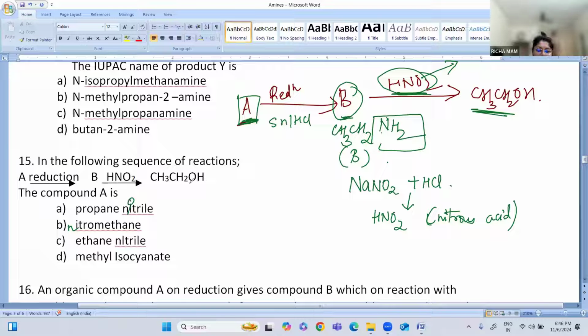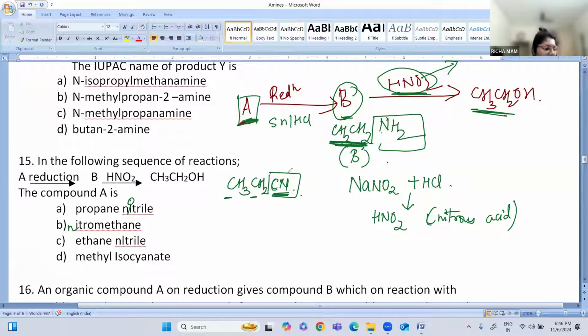If I take propane nitrile, propane nitrile means CH3, CH2, and CN. When you have a nitrile group, one more carbon will be generated, but already we have two carbon atoms.